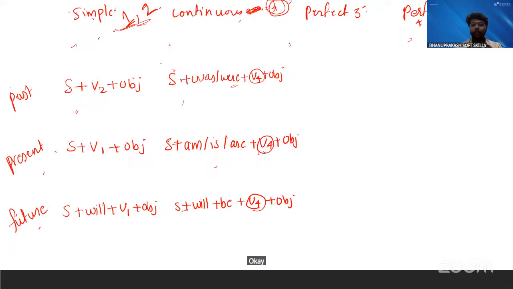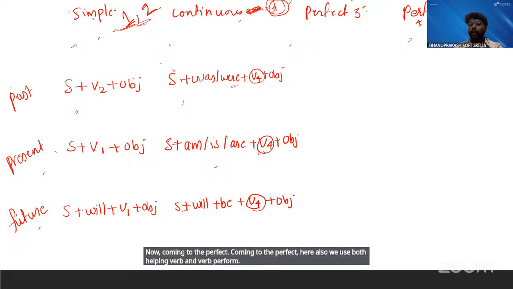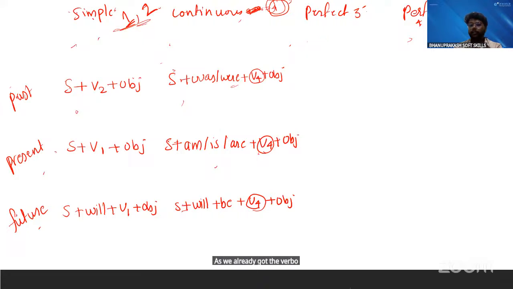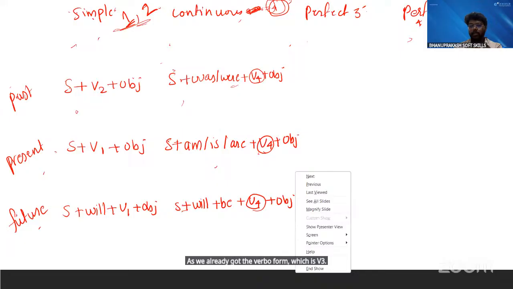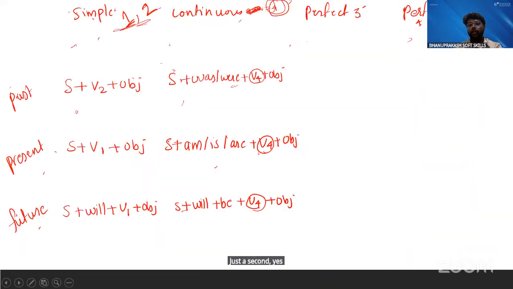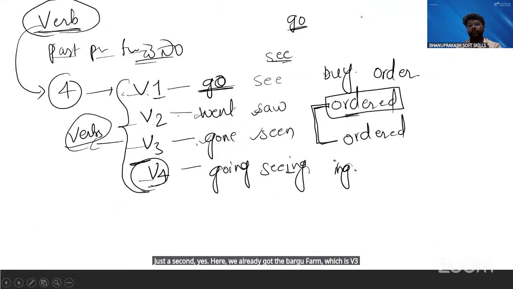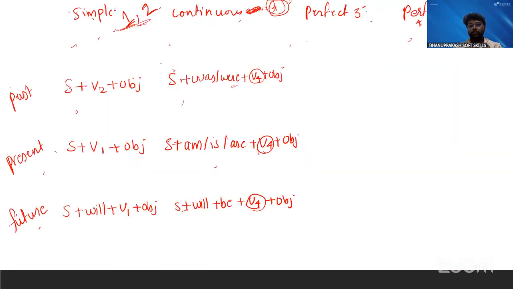Okay. Now coming to the perfect. Coming to the perfect, here also we use both helping verb and verb form. As we already got the verb form, which is V3. Here we already got the verb form, which is V3. Now what do you need to find?